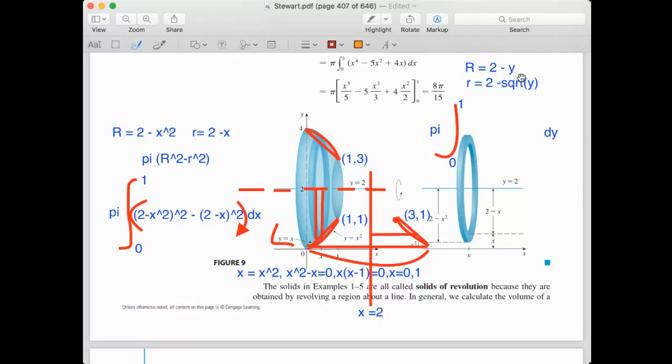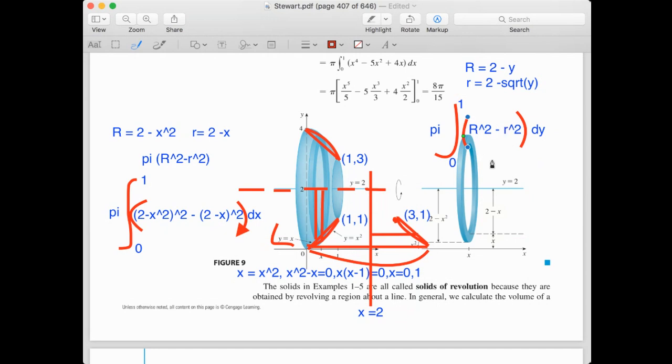Once we figure out big R, small r, the integral will be big R squared minus small r squared. So that's the three things in this case: figure out the lower limit, upper limit, then figure out big R, figure out small r.